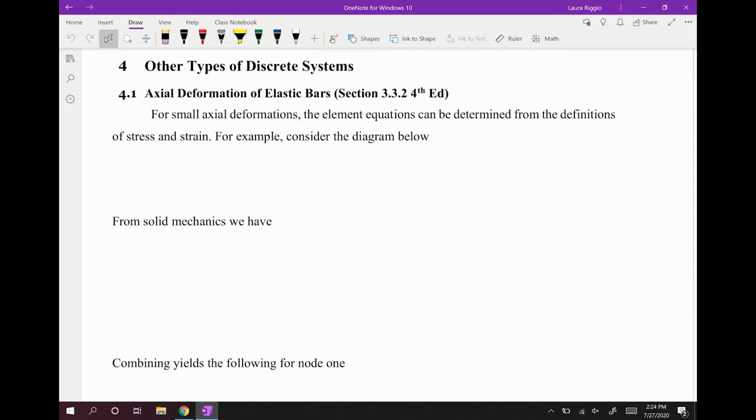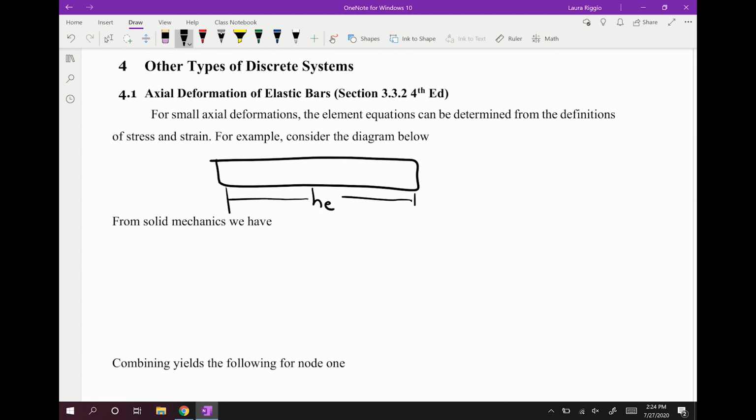So if I was to draw a bar element, here's my bar, it has a length, it has 2 ends.